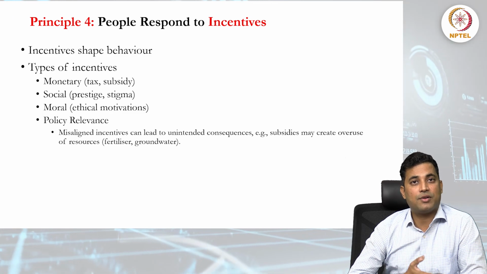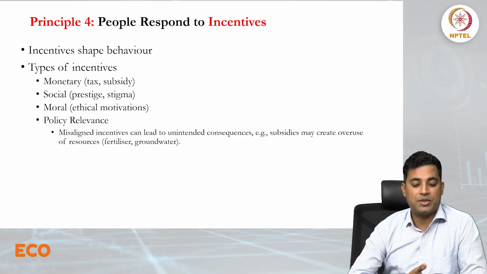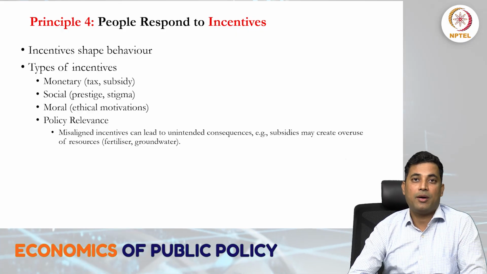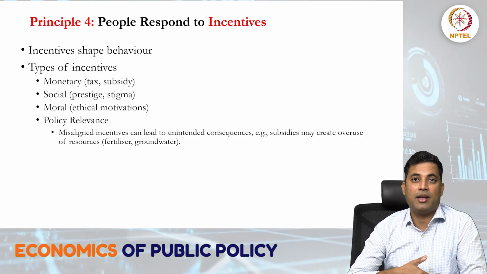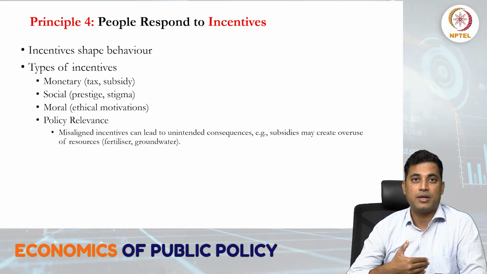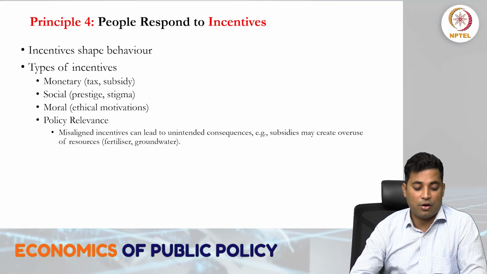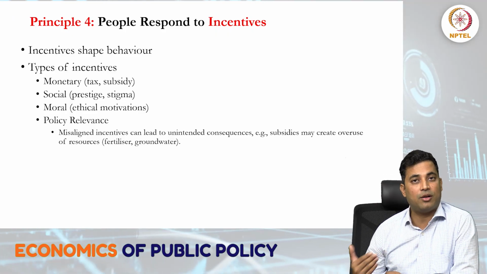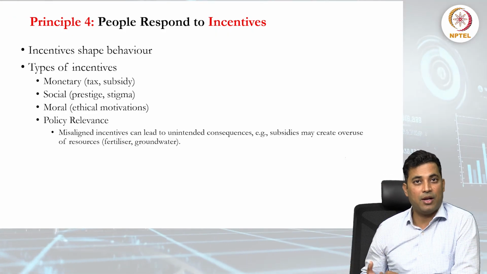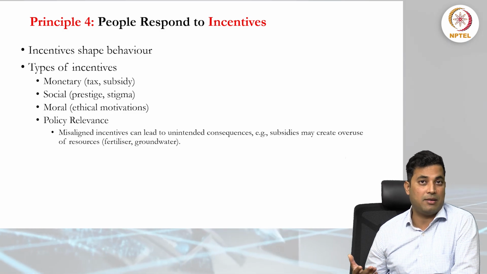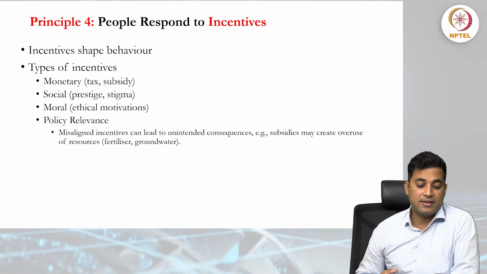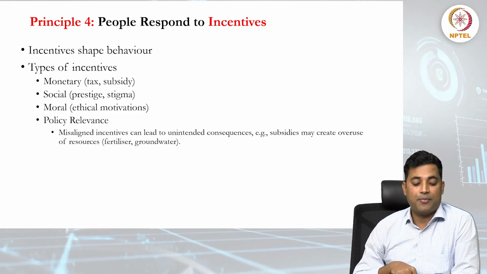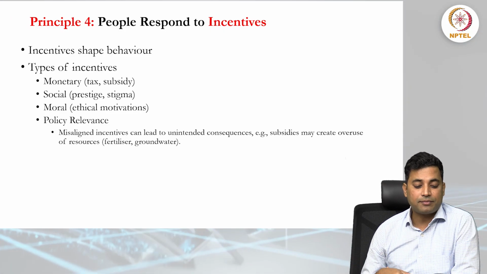One incentive is of course monetary, whether taxes or subsidies, or extra income if I work additional hours in my factory or office. Those are the monetary benefits. When we talk about incentives, as rational people I'm also calculating benefits. Incentive is also social, like prestige or social stigma.